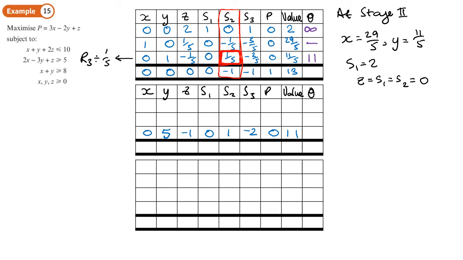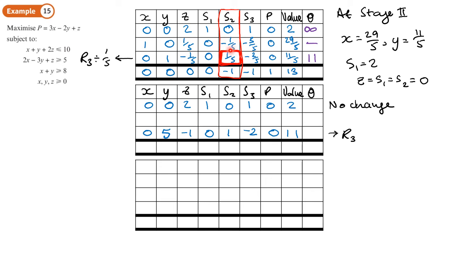So we'll just write down our row 3 here. So what are we going to do with the old row 1? Well, we don't need to do anything because in that column there's already a 0, so we'll just put down here no change. So in fact we could write those values in straight away: 0, 0, 2, 1, 0, 1, 0, 2.